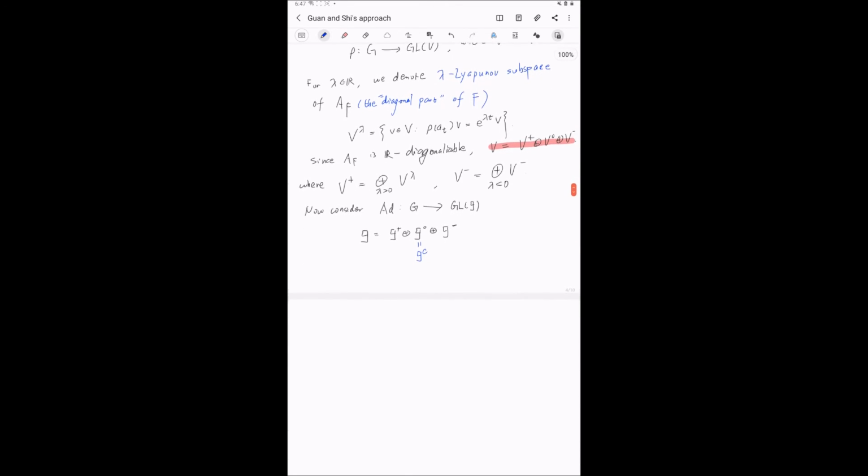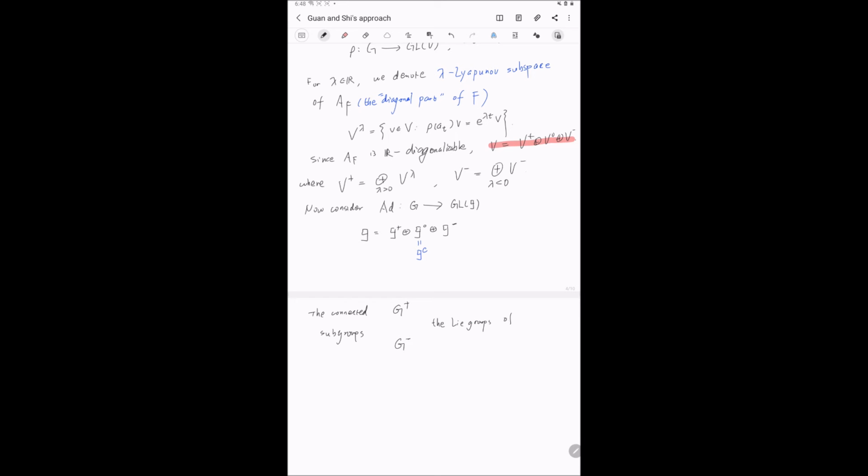Now we denote G plus and G minus the connected subgroups whose Lie algebras are g plus and g minus.